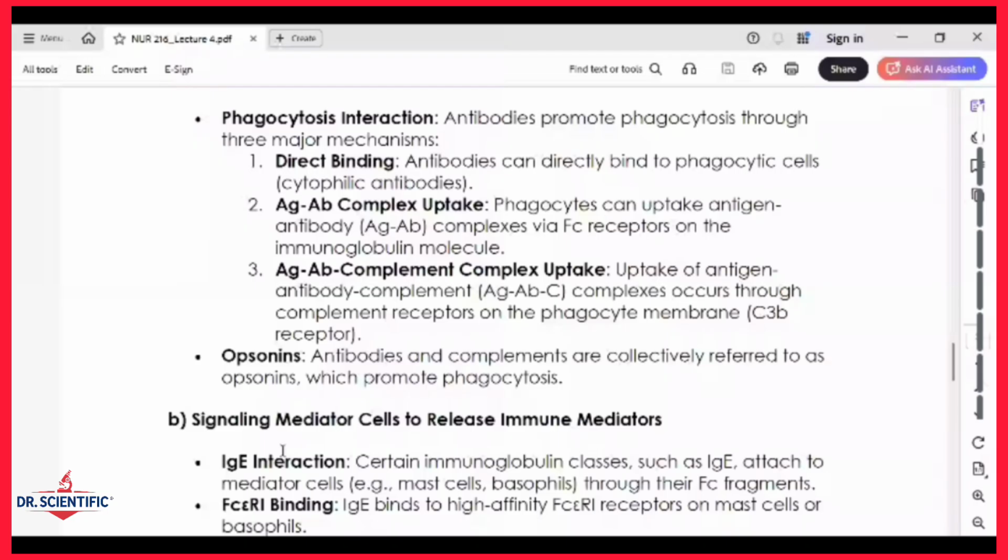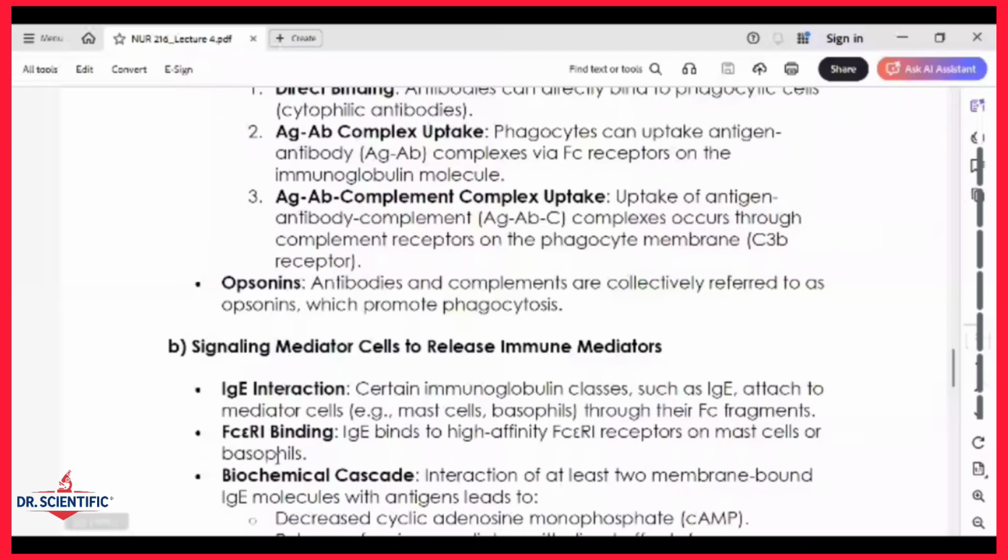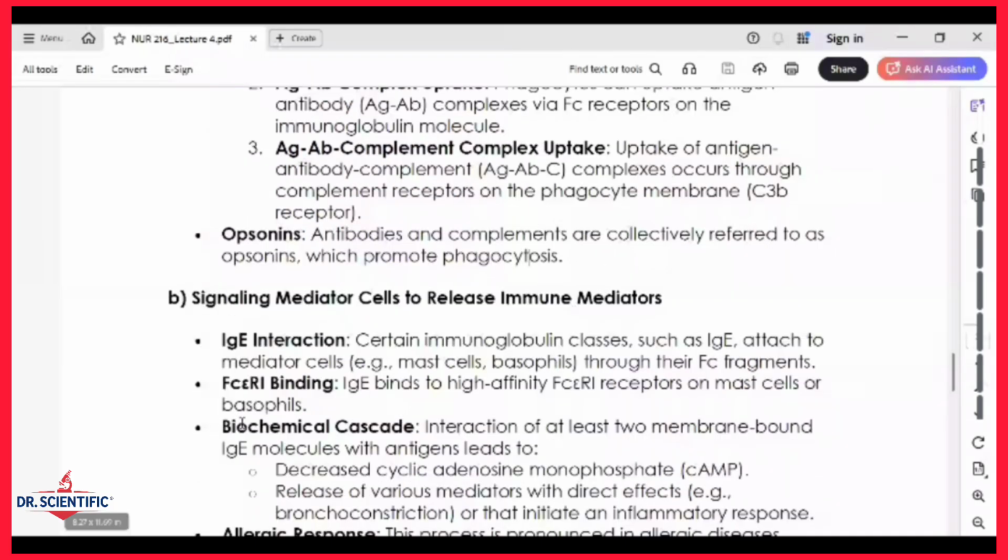So that is one role of antibodies in the body. Another role is that they are signaling mediators. They signal mediator cells, the immune cells, to release immune mediators. Now, an example here is IgE. We know what IgE is, and IgE attaches to mast cells and basophils.